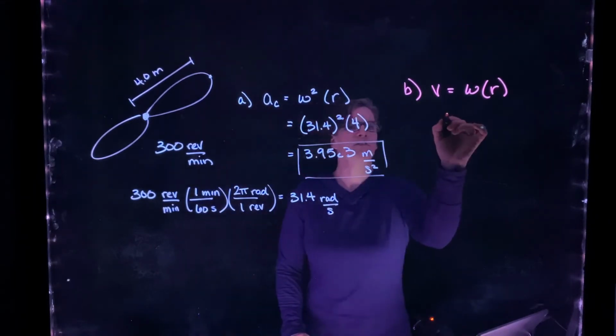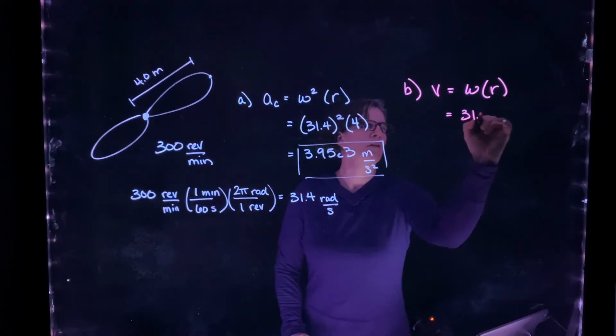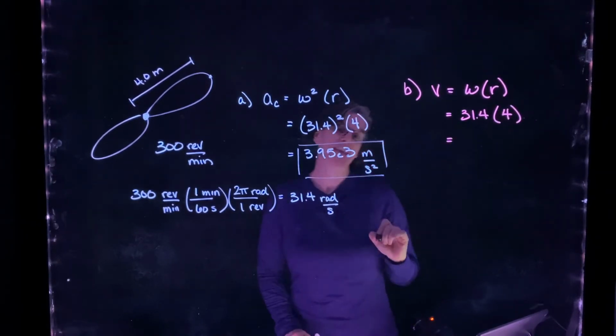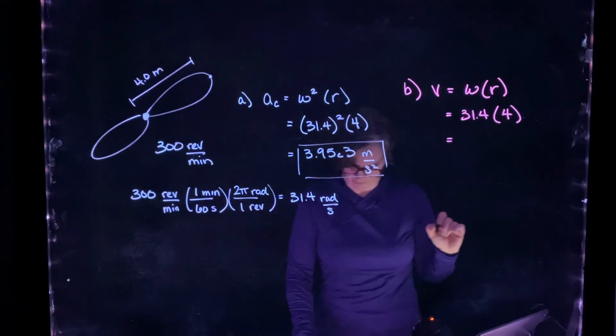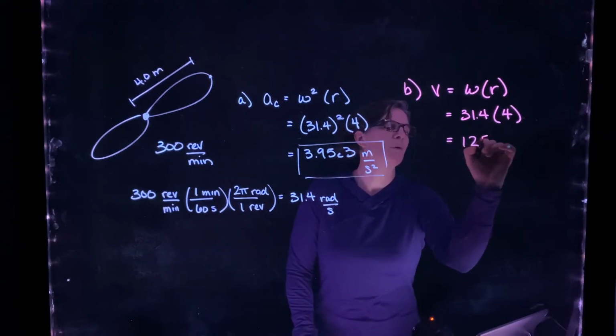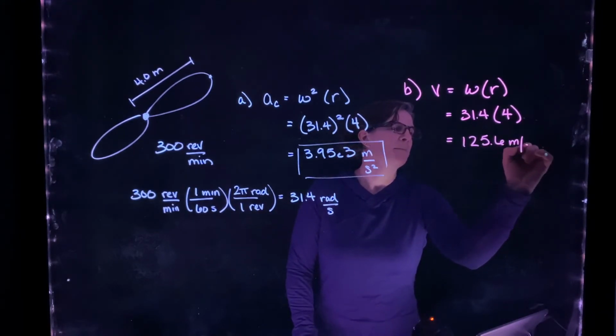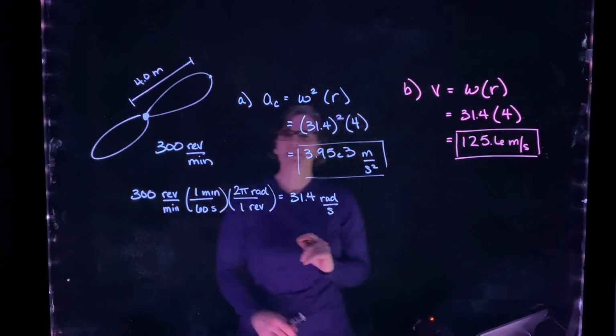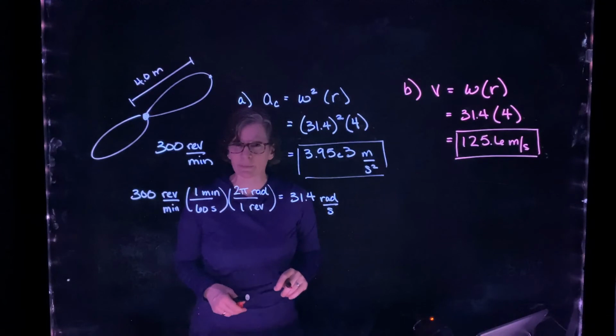So our angular speed is 31.4, our radius is 4, and we have a linear speed at the tip of 125.6 meters per second.